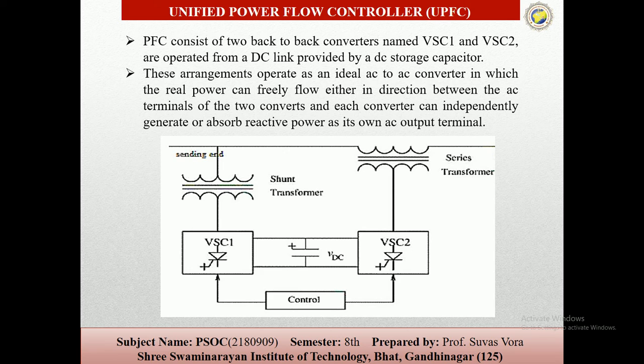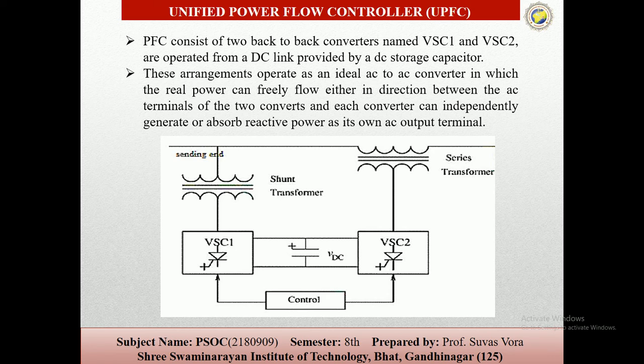So the reactive power is exchanged at the terminal by the converters. Now the real power exchange takes place where the converter converts it into DC power, which appears at the DC link.